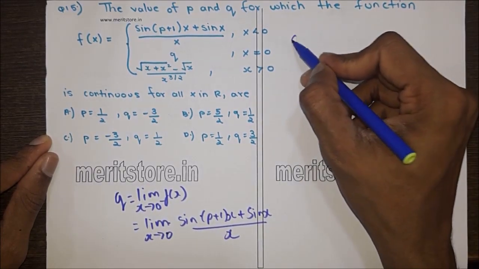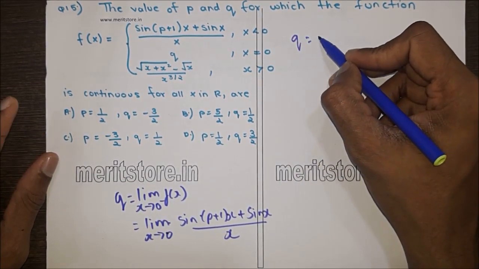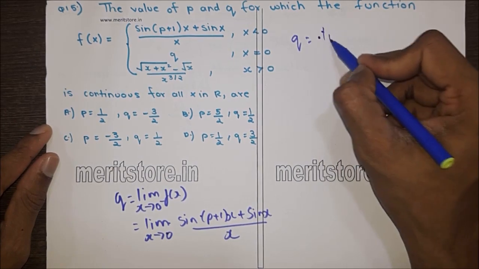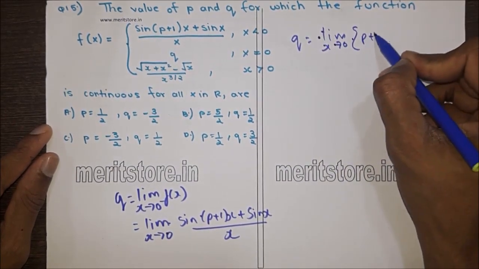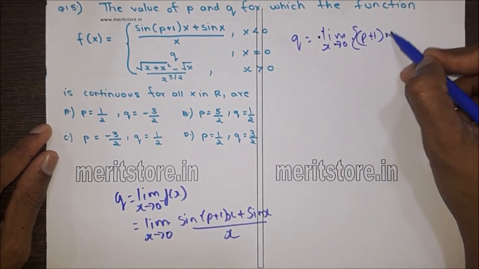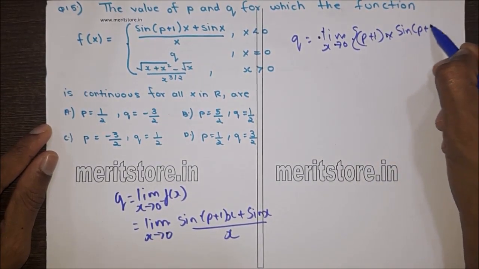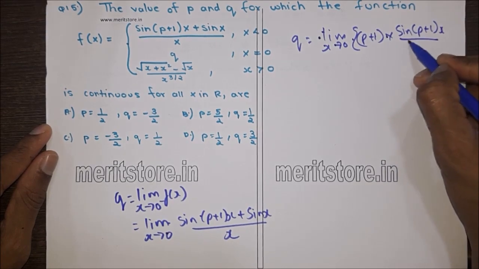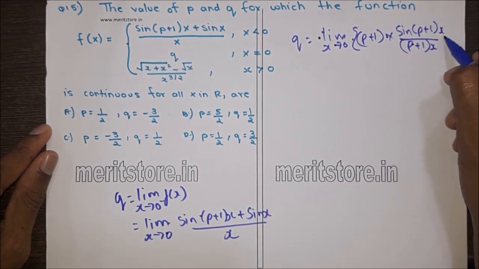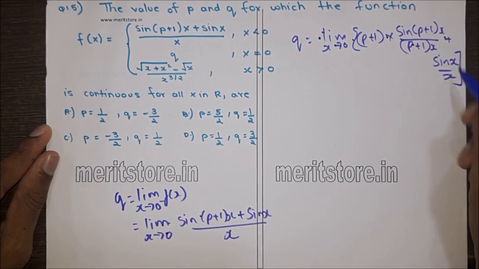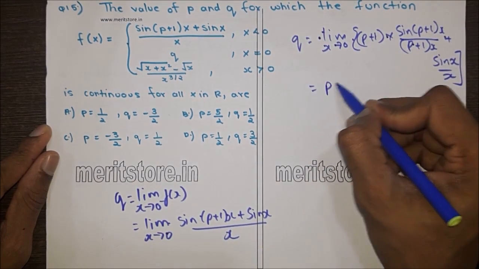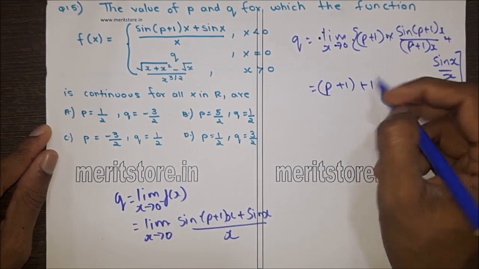Which can be written as q equals the limit as x approaches 0 of (p plus 1) into sin((p plus 1)x) upon (p plus 1)x plus sin x upon x, where we get p plus 1 plus 1.